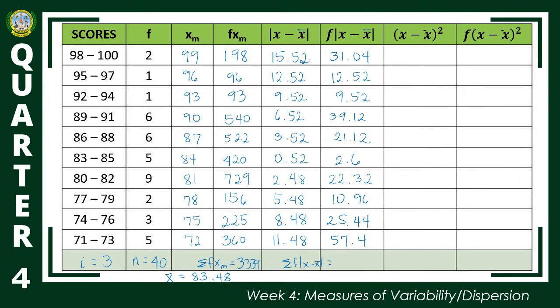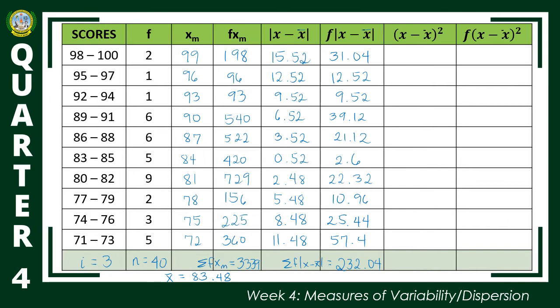Ayan, mag-ingat po ulit ha. Sa pagko-compute, dapat ay walang magkakamali po na digit. So, the answer is 232.04. Ayan. So, meron na tayong nakuhang value. 232.04. So, yan yung gagamitin natin sa mean deviation.